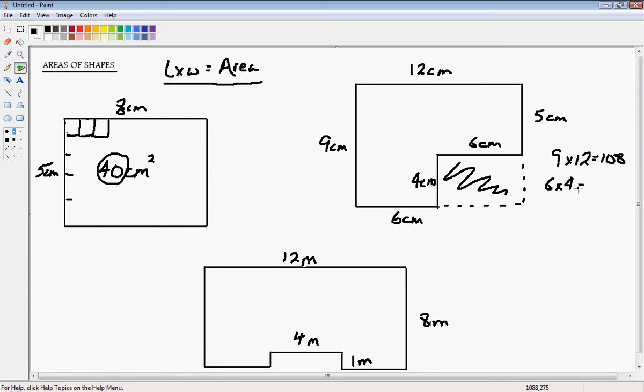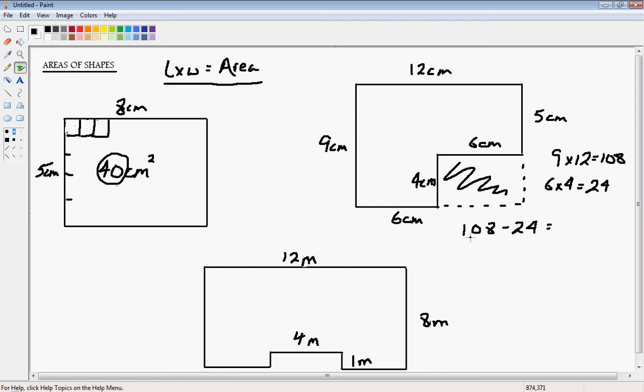So 6 fours are 24. So 6 times 4 is 24. Now this piece has been cut away. So I need to take this away from the overall rectangle. So 108 minus the 24.